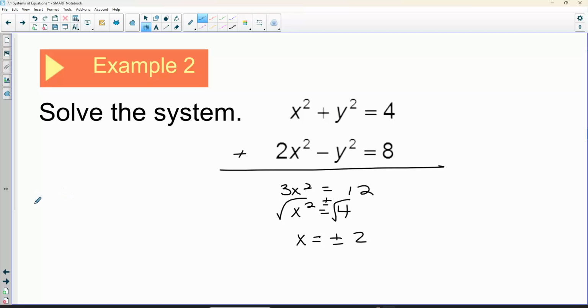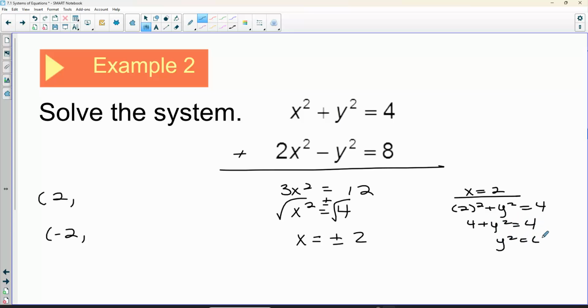All right, that's 2 different points. So to get y, I have to put each of those points back in. So if I put in 2 to the first one, I get y squared equals 0, which means y is 0.